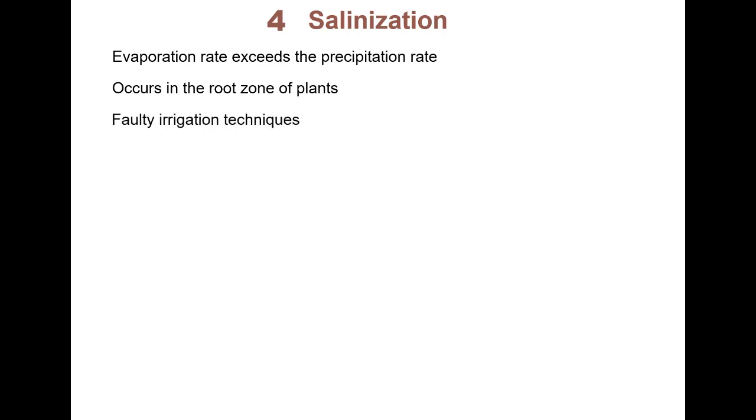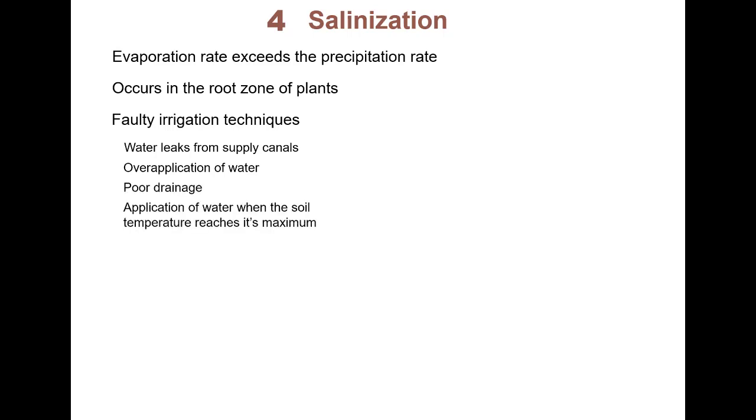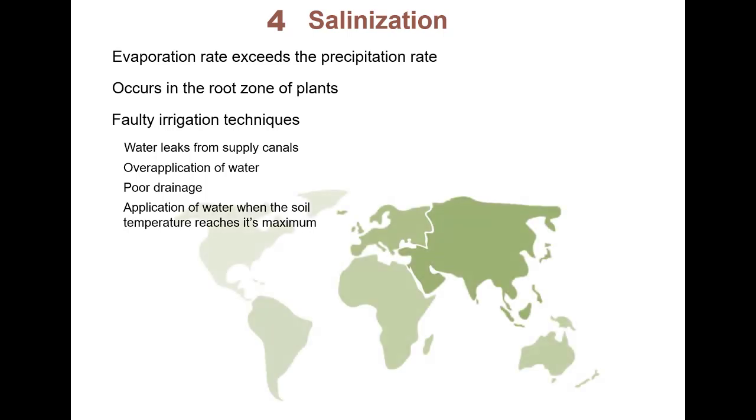Irrigation techniques which lead to salinization are water leaks from supply canals, over-application of water, poor drainage, and application of water when the soil temperature reaches its maximum. Examples of salinization include the Indus irrigation system in Pakistan and the Aral Sea.